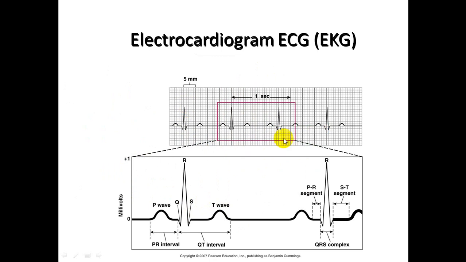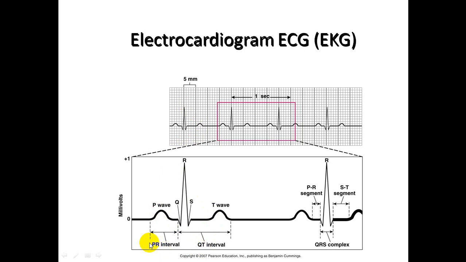Look, there is a big square containing 5 small squares. This is important. We will study in the coming lecture how to calculate the rate and know the duration of each wave. This is the P wave, due to atrial depolarization. This is the QRS complex, due to ventricular depolarization, and this is the T wave, due to ventricular repolarization.